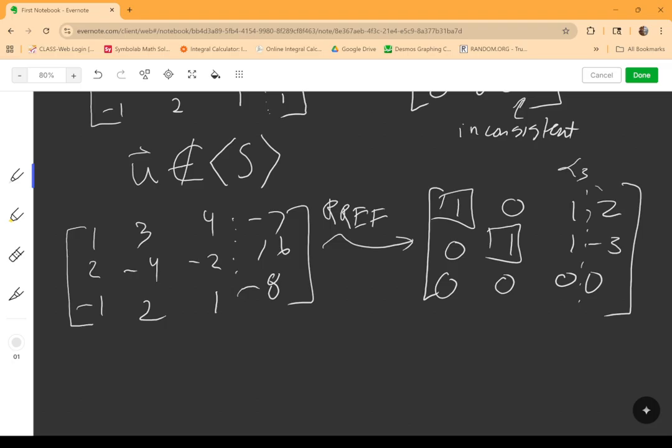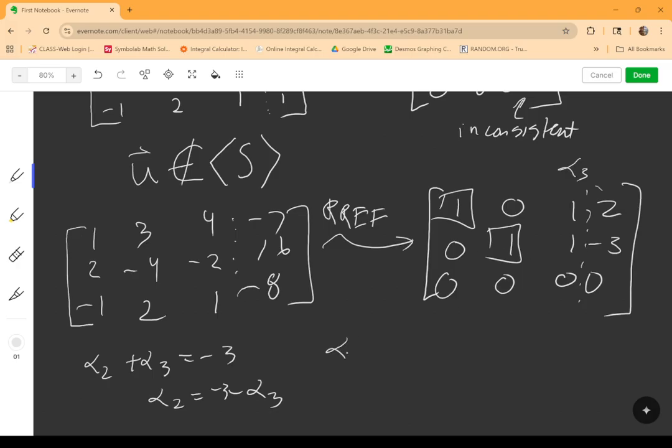finding infinite solutions. I know that alpha 2 plus alpha 3 is equal to negative 3, or alpha 2 equals negative 3 minus alpha 3. I get that from the second row in the matrix.